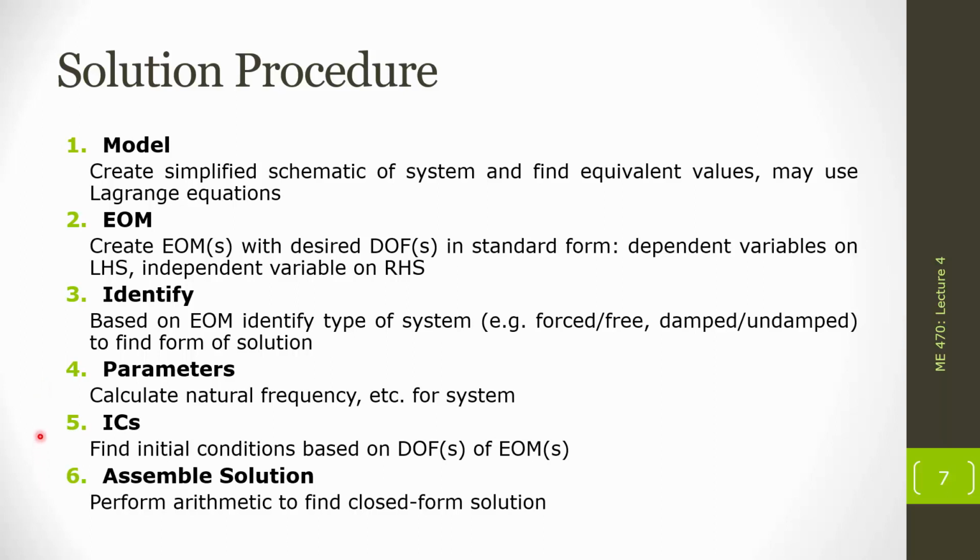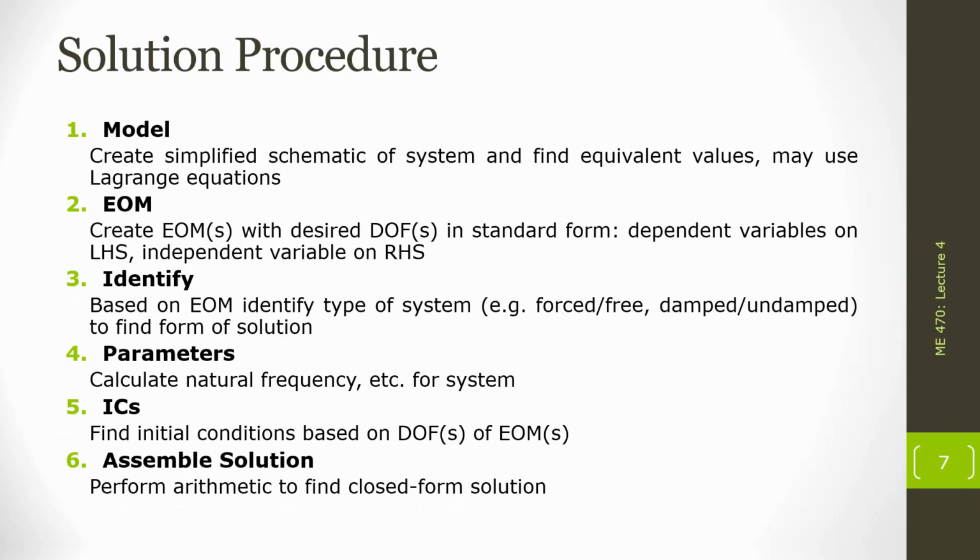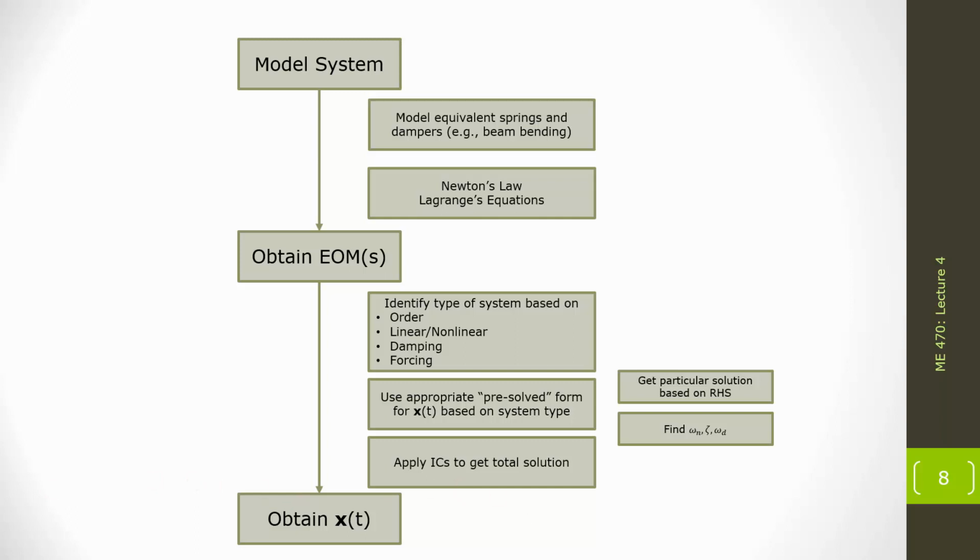We need to still identify our initial conditions and then apply them in our fully assembled solution. But for the most part, the order of the solution procedure is not going to be much different. It's just the specific steps inside this procedure are going to be a little bit more involved now that we're going to have forcing acting in our system.